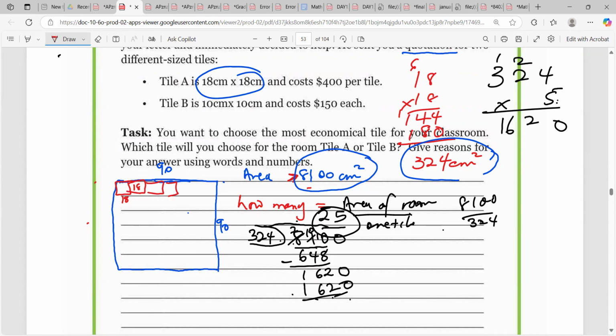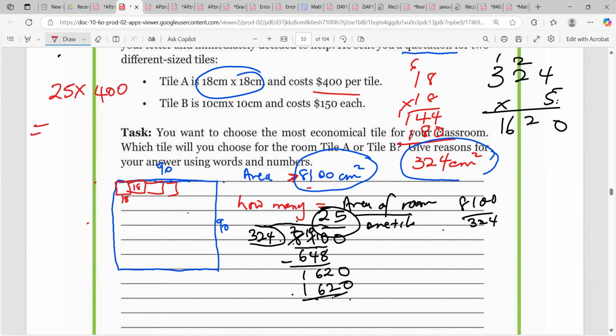But what's the cost of one single tile? $400. $400. So guess what? How can you find the total cost of all the tiles? Multiply 25 times 400. Very good. Very good.